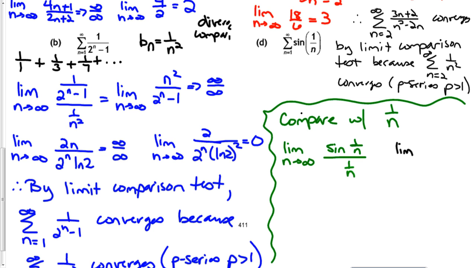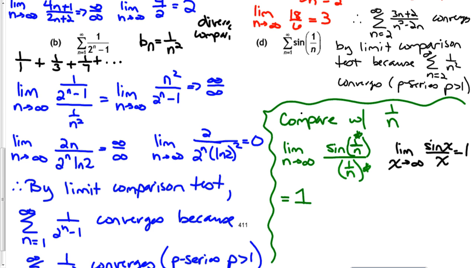We haven't seen it in quite a while, but we knew it at one time. Sine of x over x as x approaches 0 is equal to 1. That's just a rule that we're supposed to remember, and I'm not sure that we do. A little refresher. So instead of having an x in my green limit, I have a 1 over n. But I have the same thing on the top, right here by the star, as I do on the bottom. And that's the point, which means this limit is equal to 1.